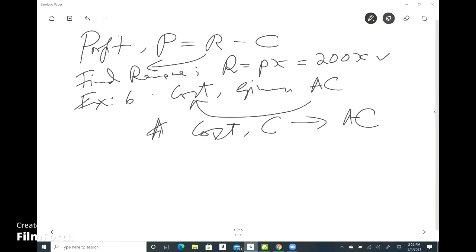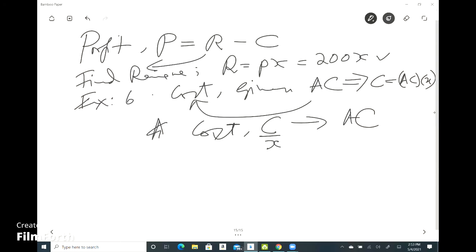How do you get the average from the total? You divide the cost by the X. Is that right? Yes. So now, if you are given the average cost, I want to find cost. So what is it equal to? Multiply. So C is equal to the average cost multiplied by the X.